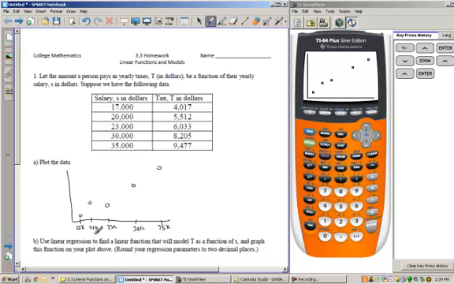You should probably write down here, this is your salary, S, in dollars. And on the output, this is tax, T, in dollars.